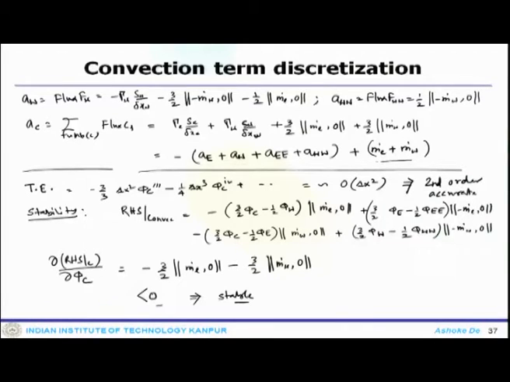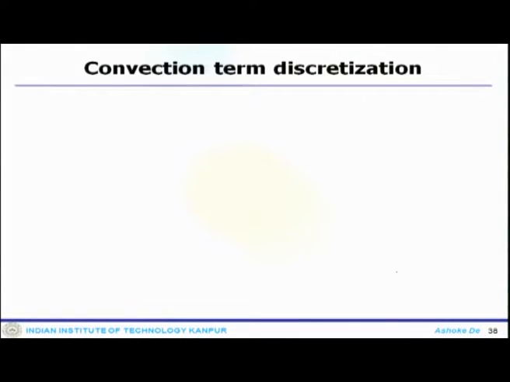So, with the second order upwind scheme, you can somehow come out of those problems with both the central difference and the upwind scheme, and this particular scheme, essentially the SOU scheme, is not only stable, it also gives you second order accuracy. Now, in a similar direction, one can devise another scheme which we call the QUICK.